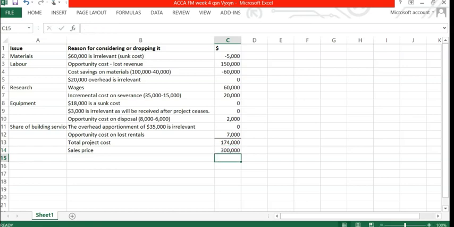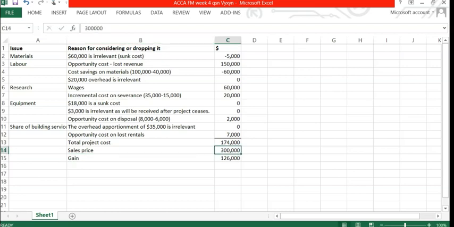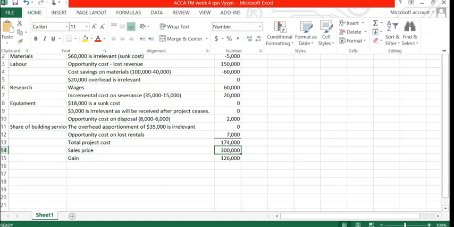All right. So therefore, the difference, you can just simply say this one minus this one. That's 126,000. Okay, that's a gain. So the issue is, shall we undertake the project or not?